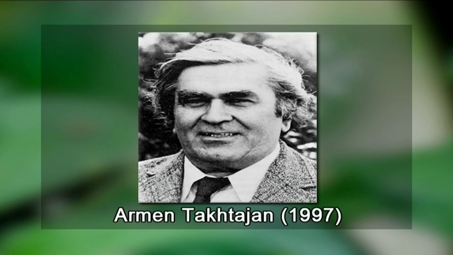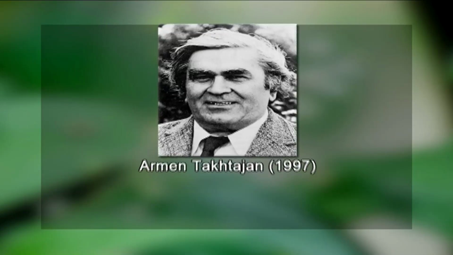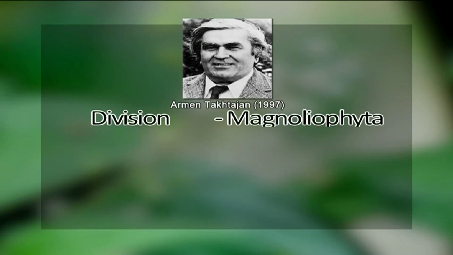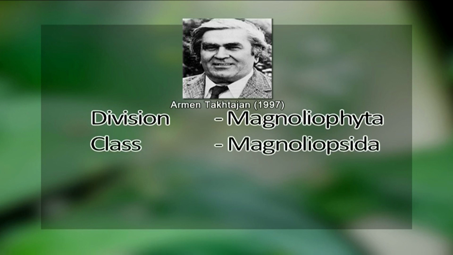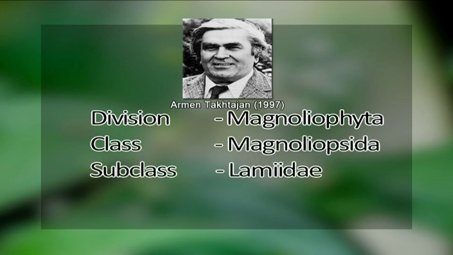Takhtajan, an evolutionary taxonomist, classified Lamiaceae under the division Magnoliophyta, that means retaining the division of Cronquist. Again, class Magnoliopsida, subclass Lamiidae, that means now incorporating a separate subclass. Cronquist had given Asteridae.